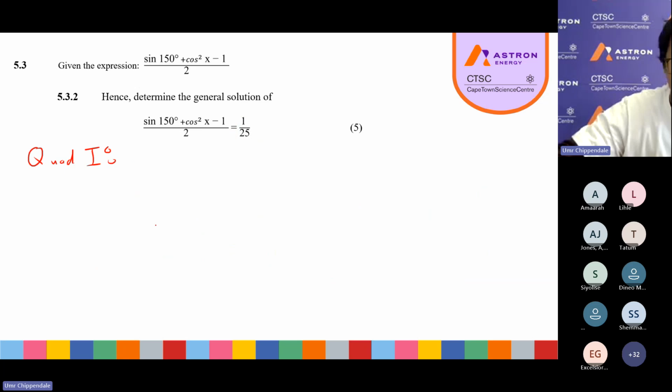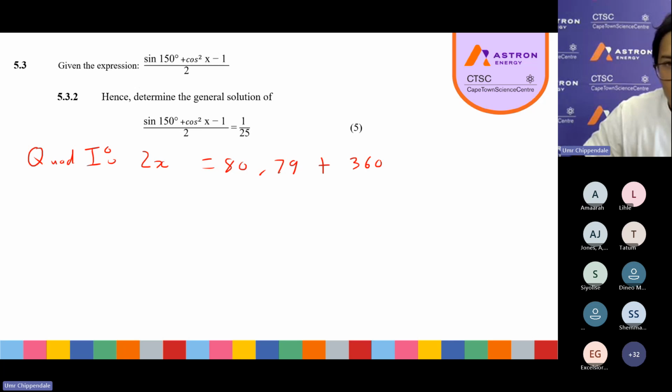So we're going to now carry on, and now we're going to say 2x is equal to our 80.79 plus, and you normally write this over here, so that is going to be our 360 multiplied by our k, and k is an element of the integers over there. So that's that over here. But we have it as 2x.